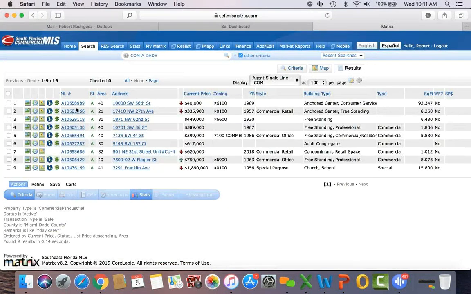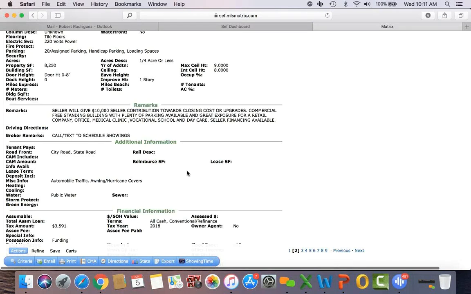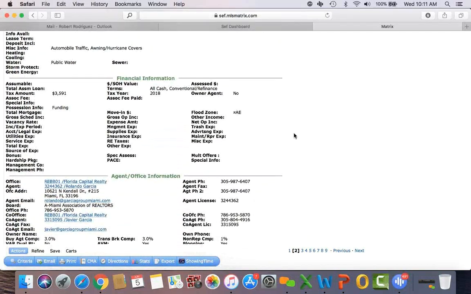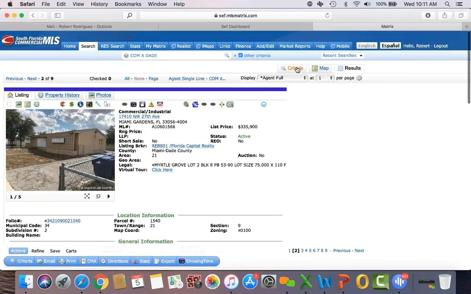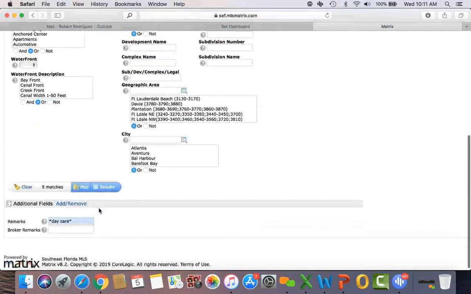And these are properties that have been listed, and then under the remarks, they may write the word daycare or any combination of care or day, and it's just a simple way to find properties that may be a daycare facility. So use the remarks for wildcard searches.